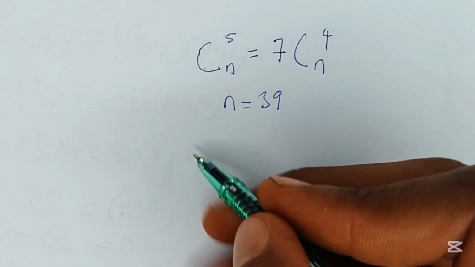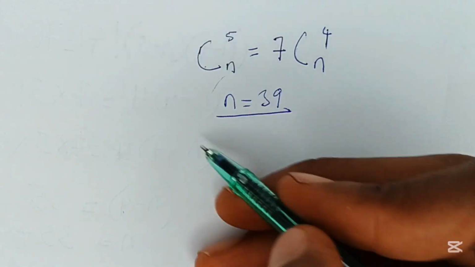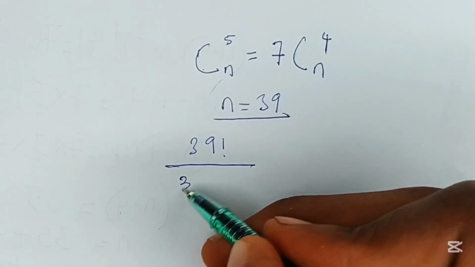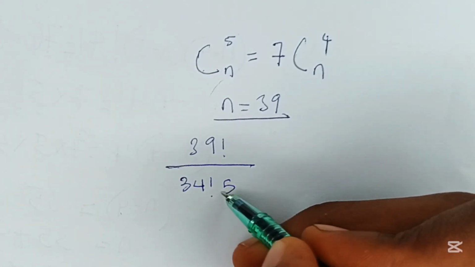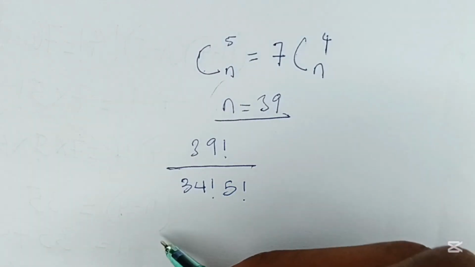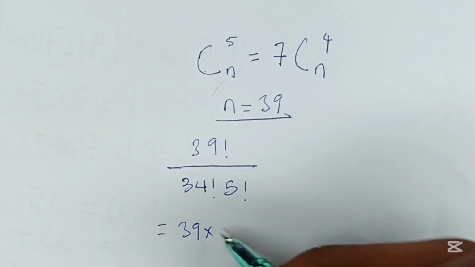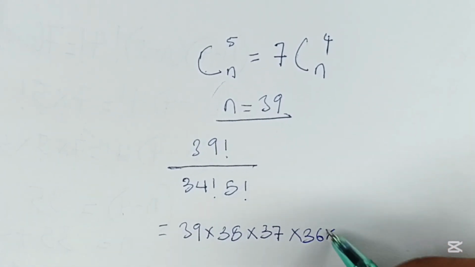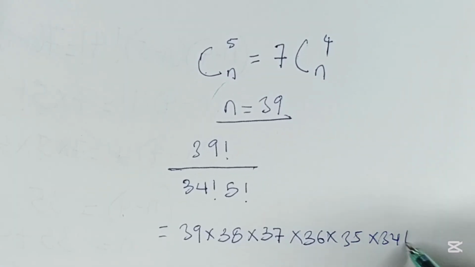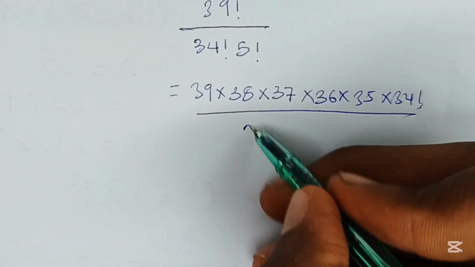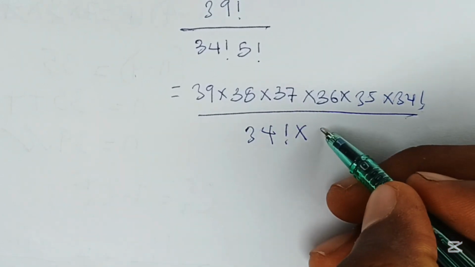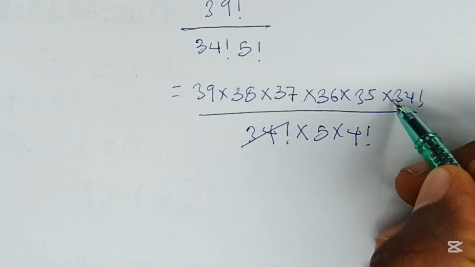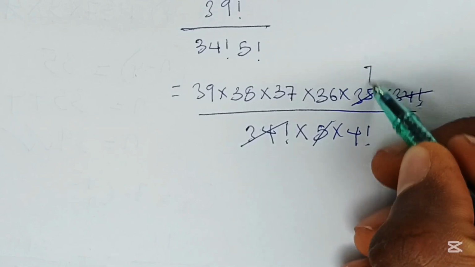If n is 39, this becomes 39 factorial divided by 39 minus 5, which is 34 factorial, times 5 factorial. 39 factorial is 39 times 38 times 37 times 36 times 35 times 34 factorial, divided by 34 factorial times 5 times 4 factorial. 34 factorial cancels 34 factorial, and 5 into 35 is 7.